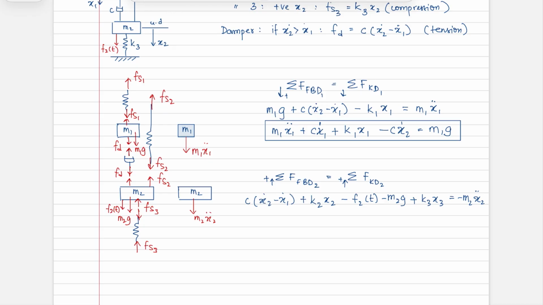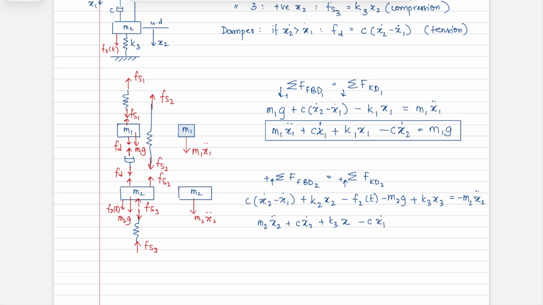If I now move it to the other side, you will get M2 x2 double dot plus C x2 dot plus K3 x2. Then you have the other terms minus C x1 dot.